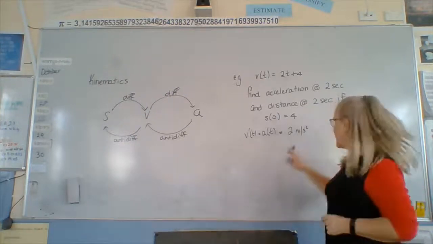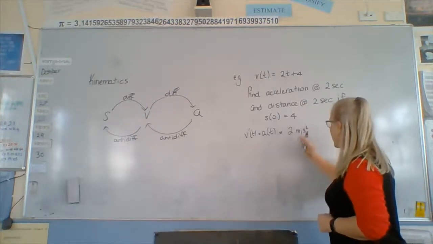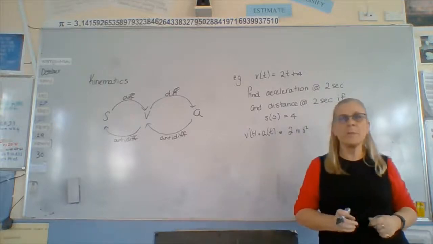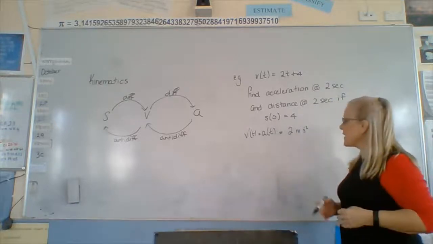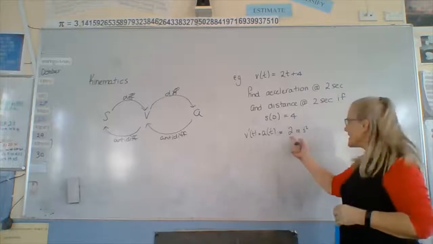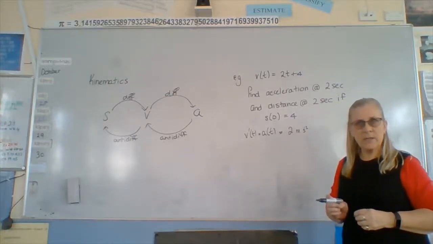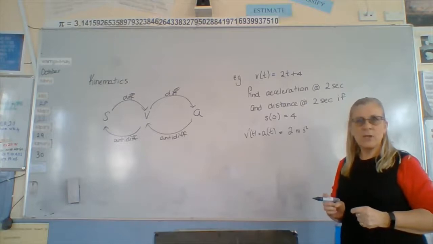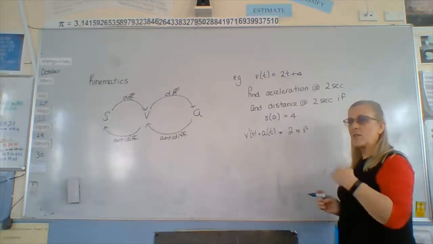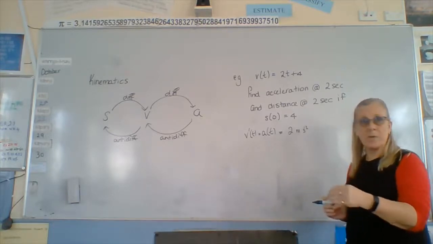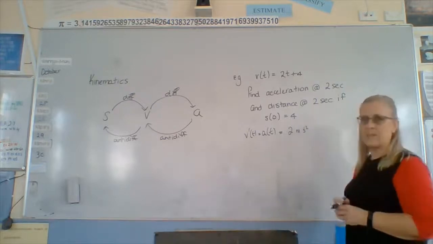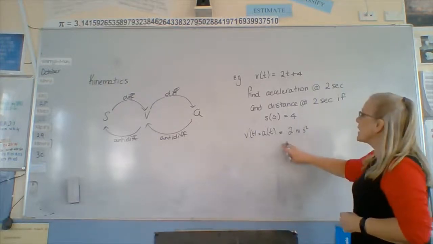Or if you were writing it physics way, you'd write it like that. Same thing, okay? So they're telling you that that's your first. What does that tell you? 2 meters per second squared. It's doing what? It's accelerating at a constant rate of 2 meters per second. It's a constant acceleration.